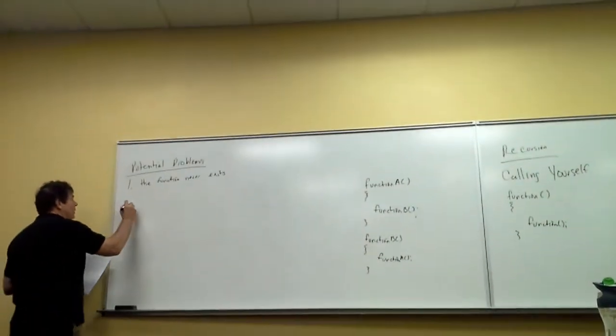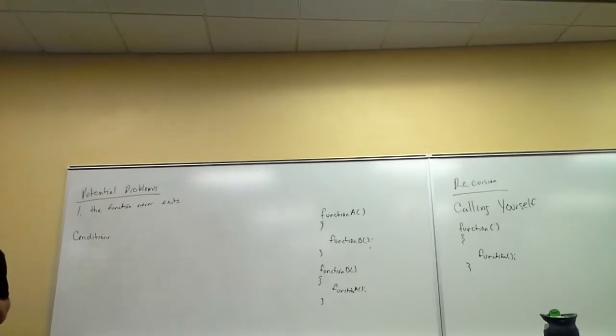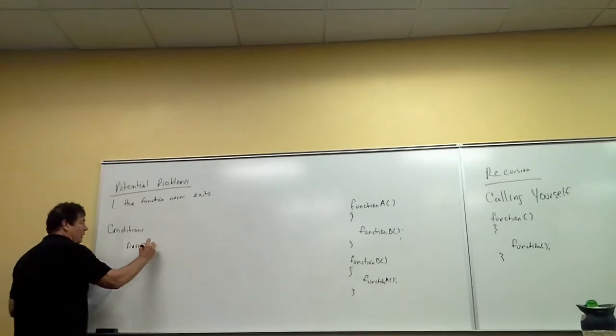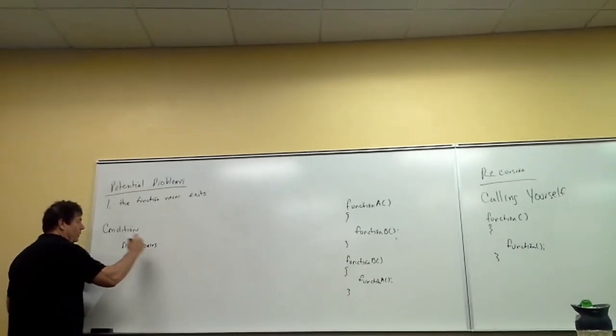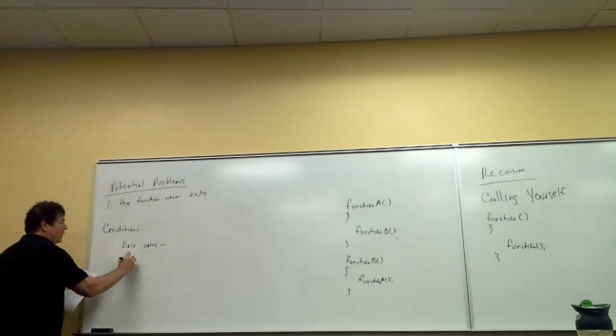So we have to have some conditions. And the main thing you need to remember is what are the first conditions in all of your recursion? You need your base cases. And without base cases, nothing is going to work out. Base cases come first, then potential recursive calls.